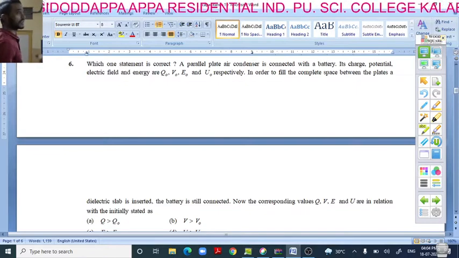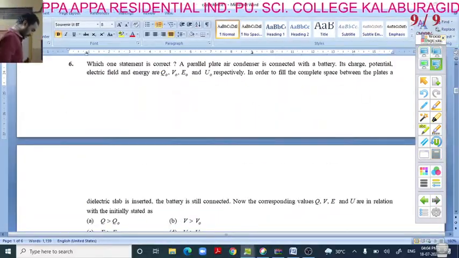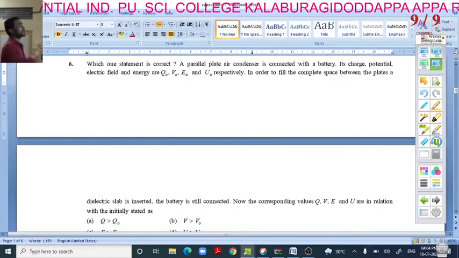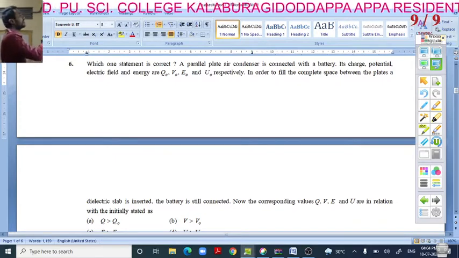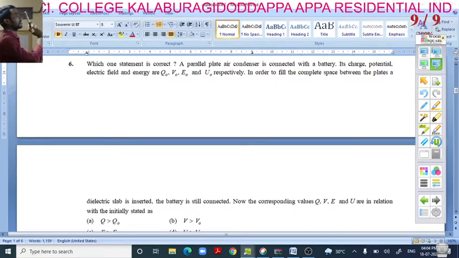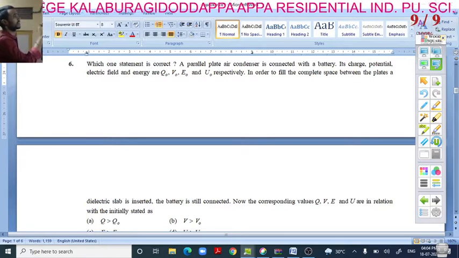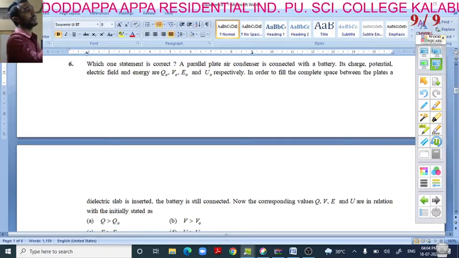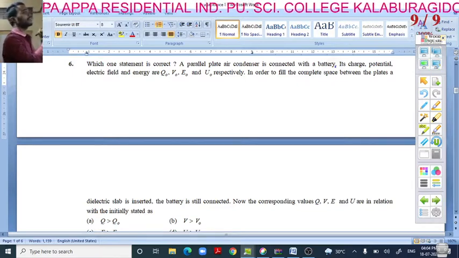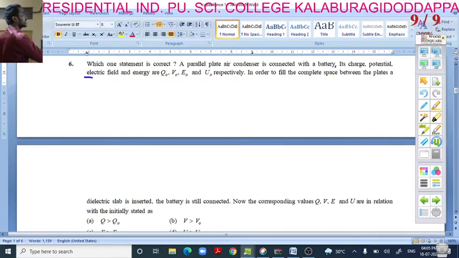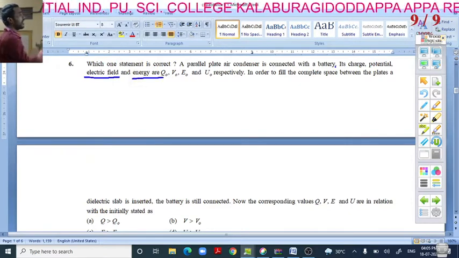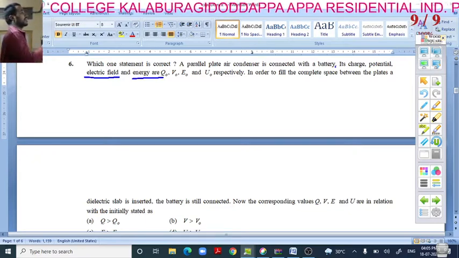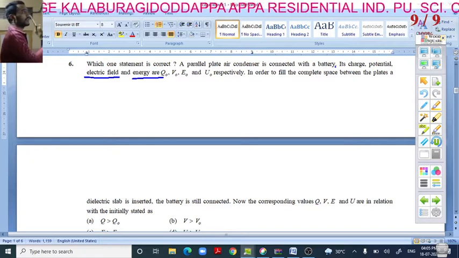Question number 6. See, here we may observe both the possibilities are there. Which one statement is correct? A parallel plate air condenser is connected with a battery. Its charge, potential, electric field and energy are Q0, V0, E0 and U0 respectively.